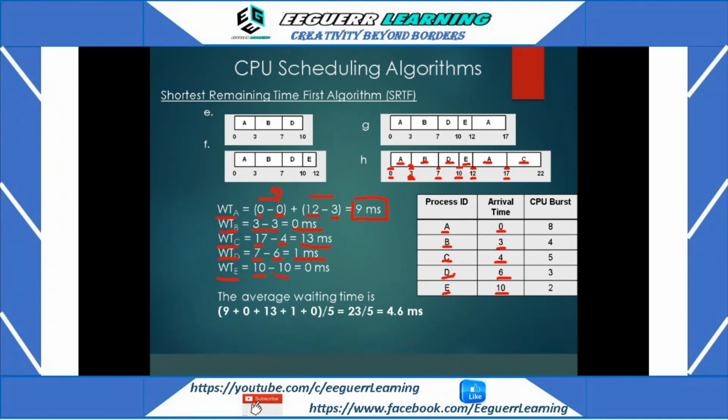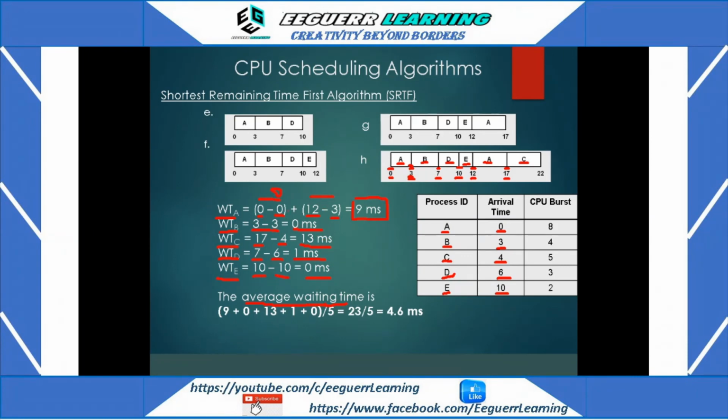So place it here. 10 minus 10 will give us 0 ms. Then we can now compute the average waiting time for these 5 processes.